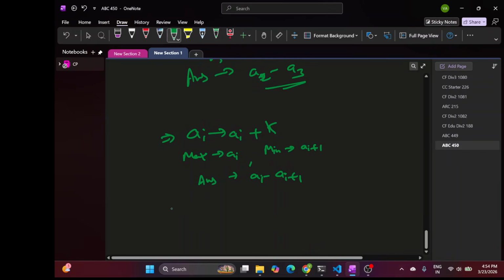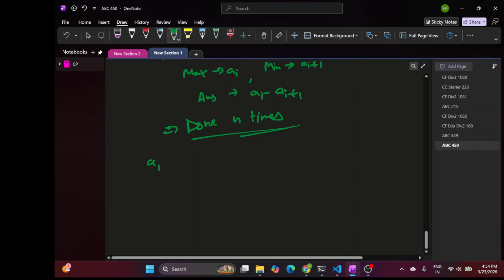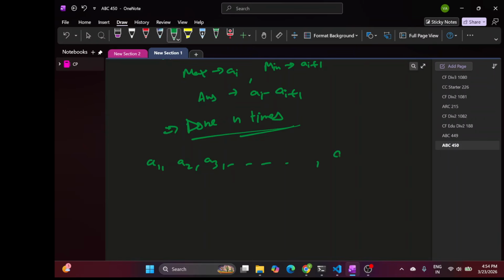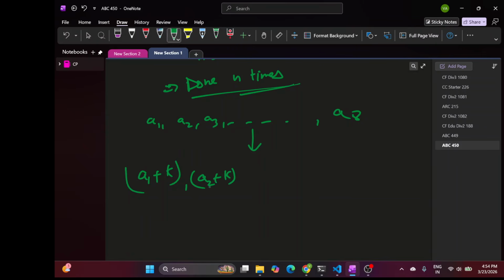So after we have done this n times, right? So basically what happens? Our values were A1, A2, A3 up to A8. So our values will be changed to now A1 plus K, A2 plus K, and similarly up to A8 plus K. So isn't this basically the same condition?